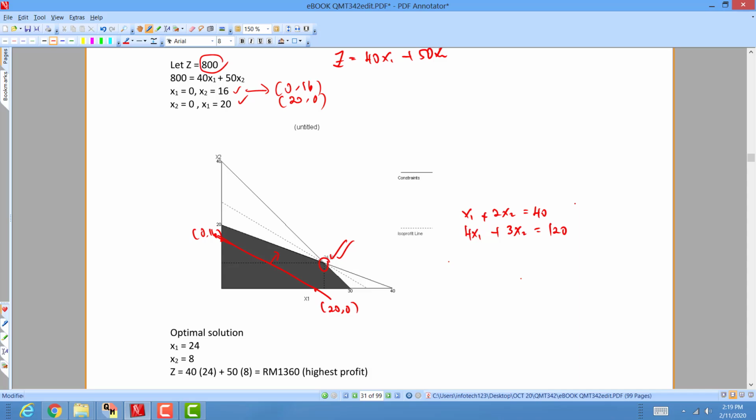So how to solve this equation? Whether you use manual or you use calculator. So when you use calculator, just find mode equation, EQN, mode. Lepas tu you find EQN.